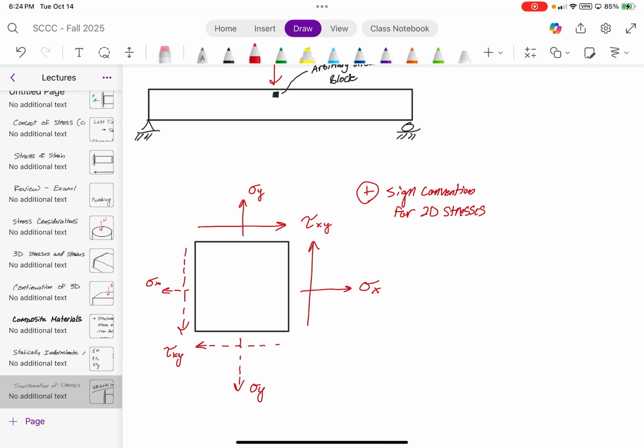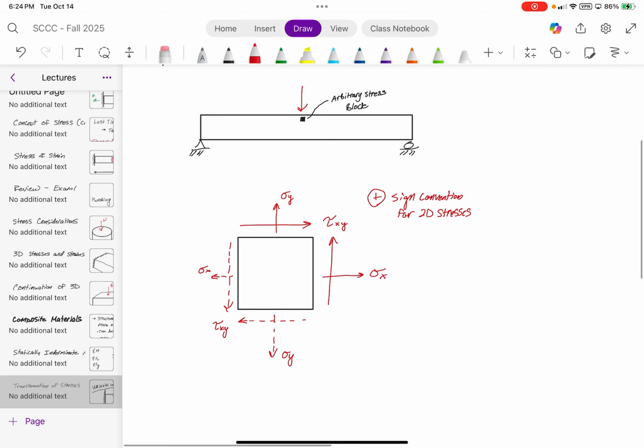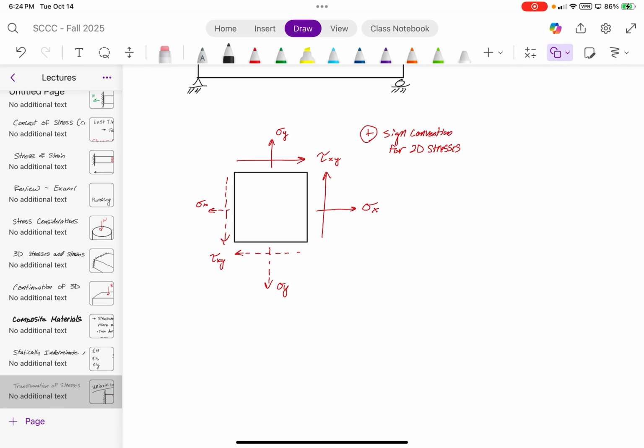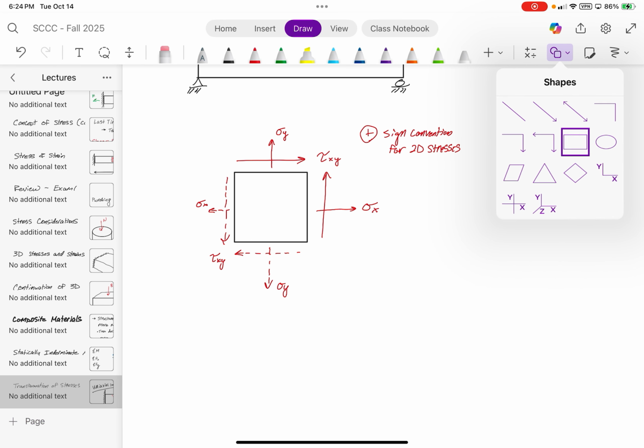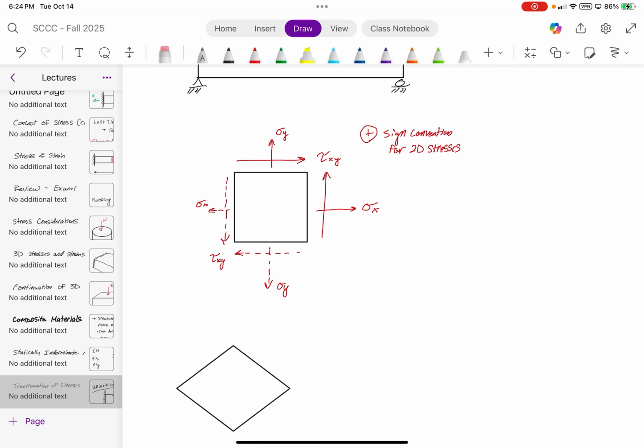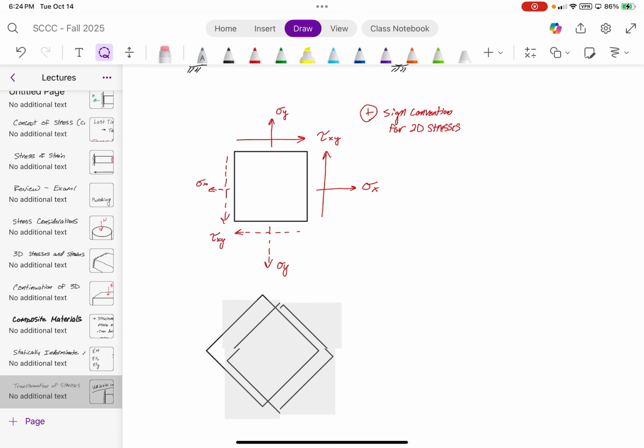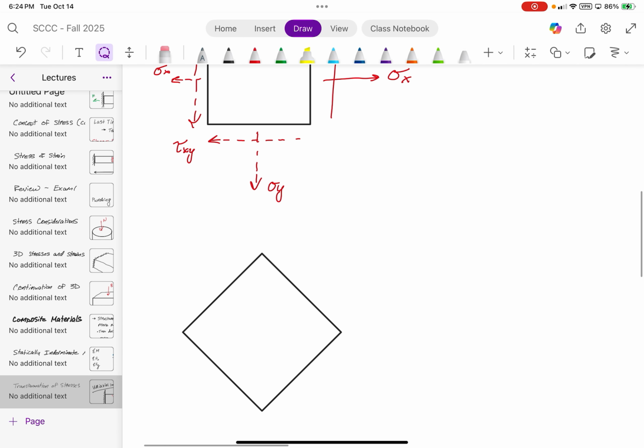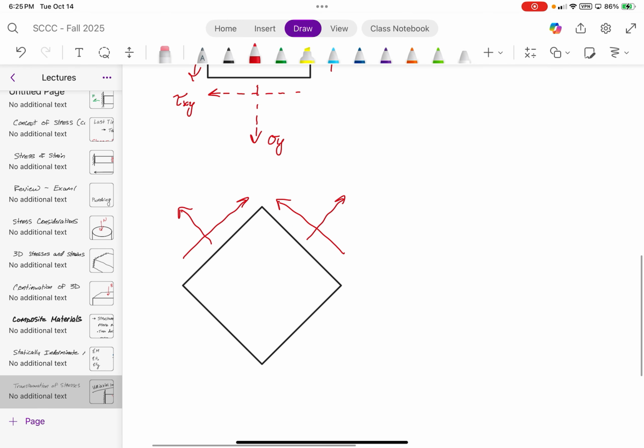So if we wanted to determine the stresses along any particular orientation, for example, we can determine what the stresses are by rotating the plane as such and compute transformed stresses. And then we would have equivalent counterparts.